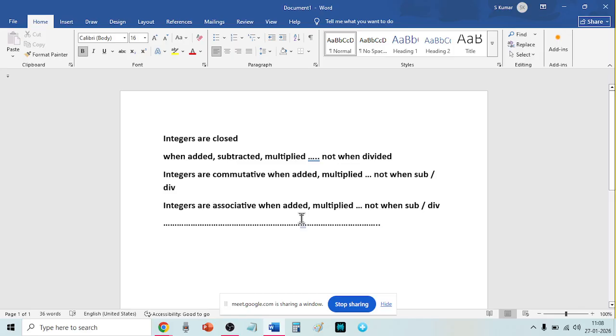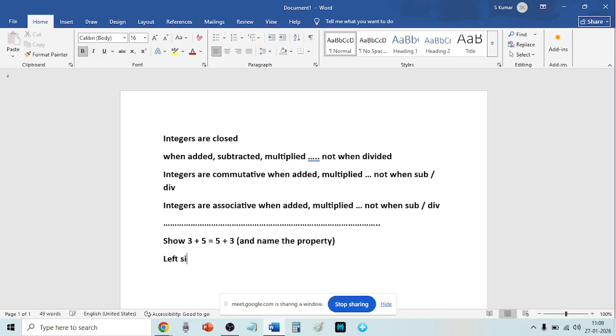So the type of questions: one is, show 3 plus 5 equal to 5 plus 3, and name the property. In an actual question it won't be 3 plus 5. You will have to write like this.